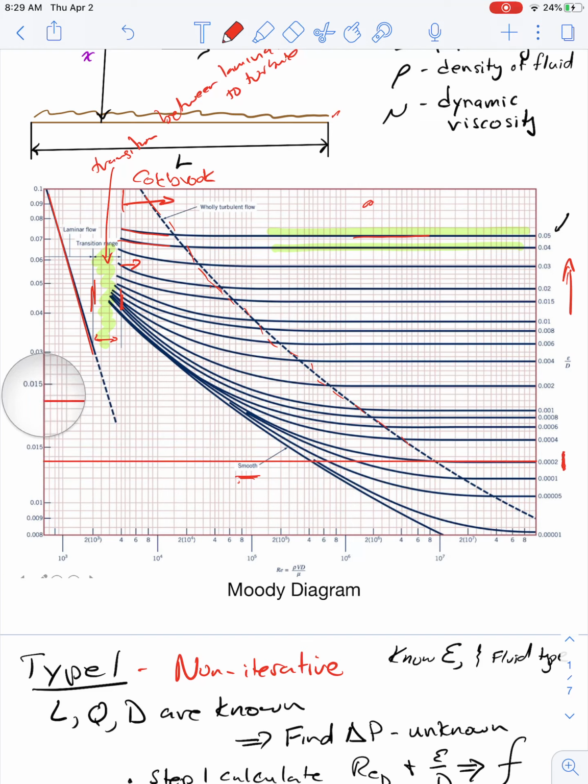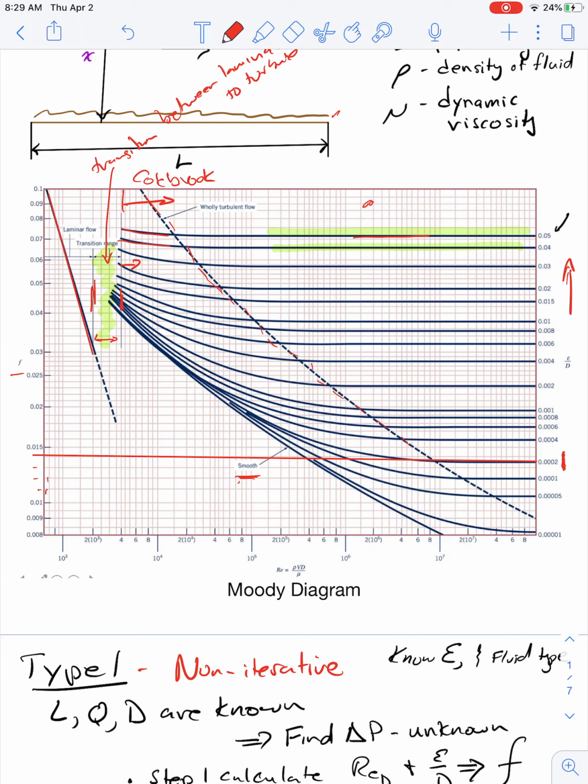Looking at the friction factor values, 0.01, 0.012, 0.013, then 0.014 and 0.015.